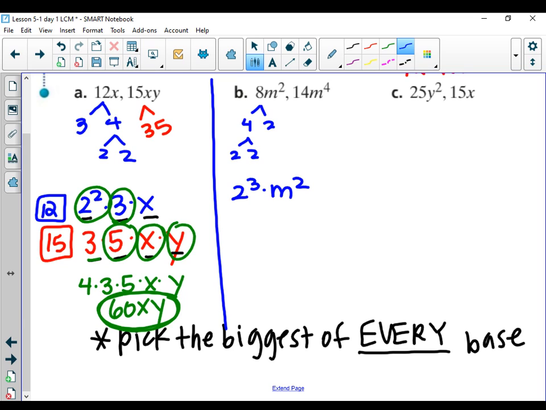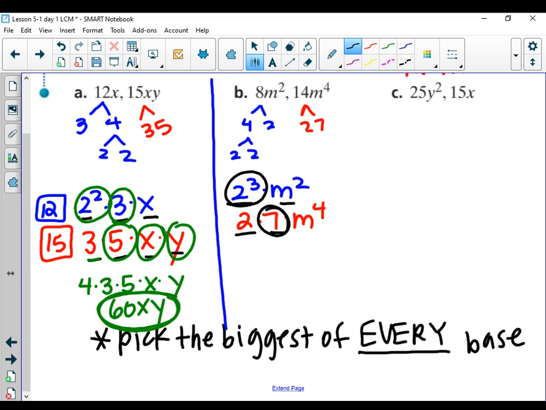So I broke 8 up into 2 to the third. 14 is worth 2 times 7. What's bigger, 2 to the third or regular 2? 2 to the third. What's bigger, 7 or... Oh, there are no other 7s. That's automatically the biggest.